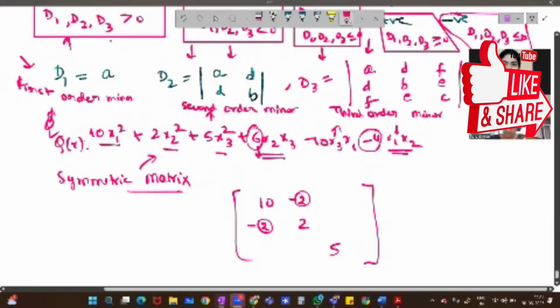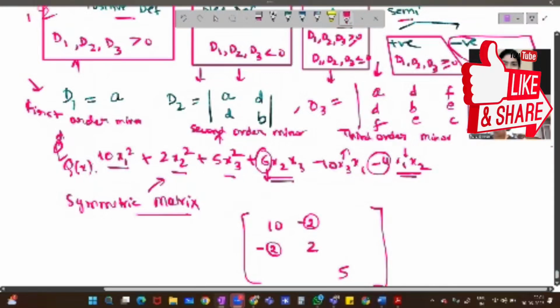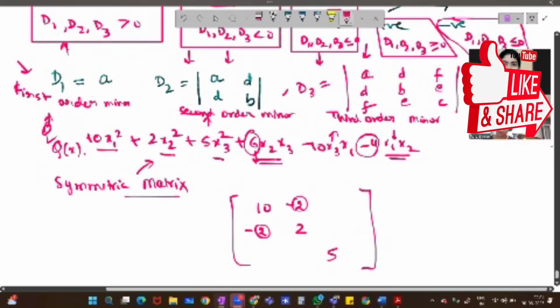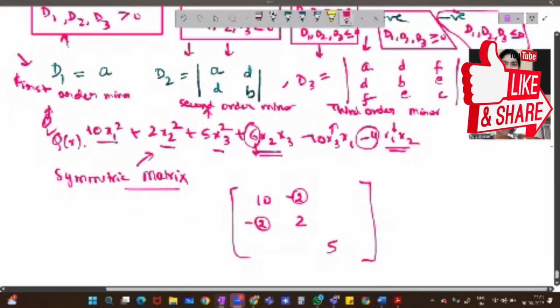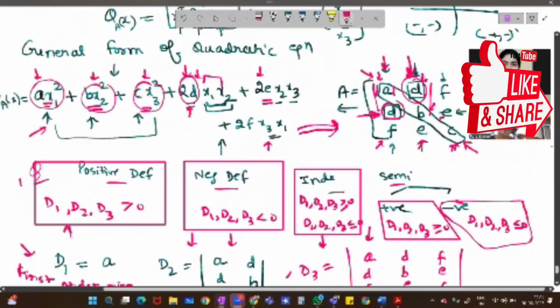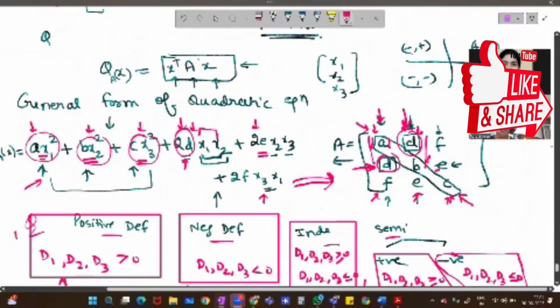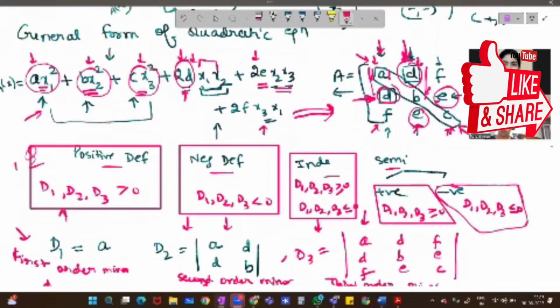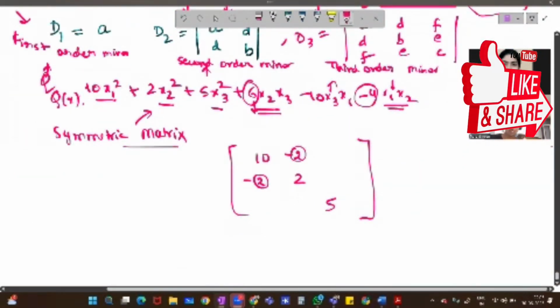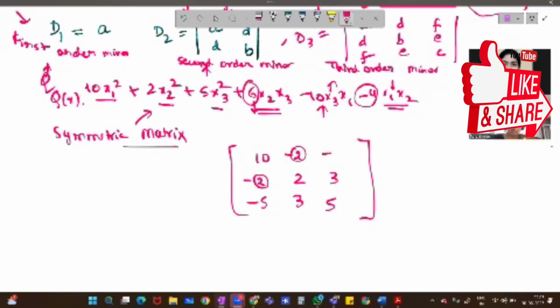Now this one is 2x2x3, and the x2x3 coefficient is 6, which goes in these two places in the third position. So this becomes 3, and the rest one becomes minus 5.